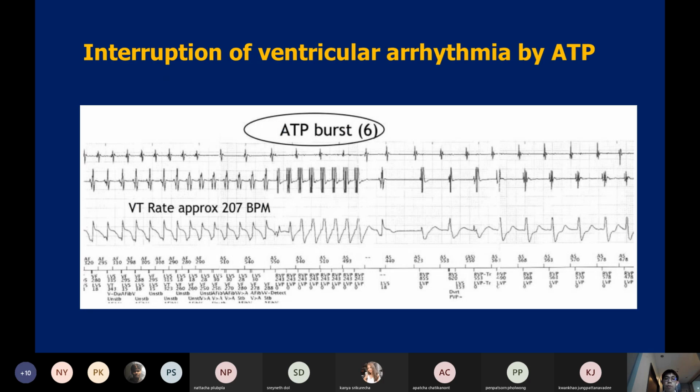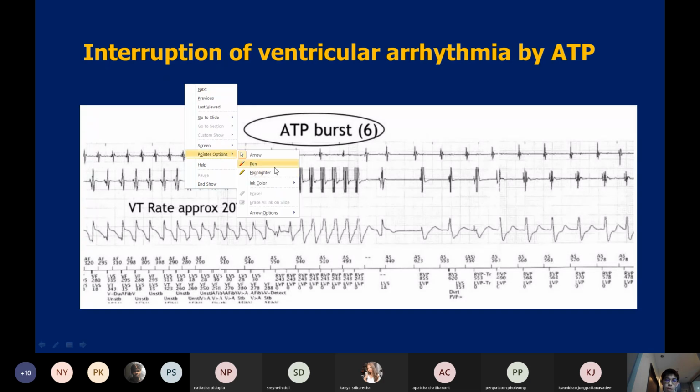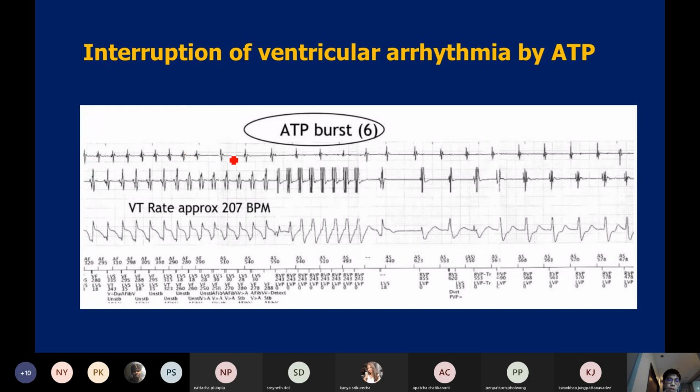This is an example of ATP terminating tachycardia. This zone is the VT, at approximately 207 beats per minute. This is the ATP burst.